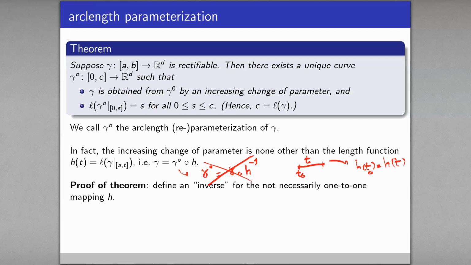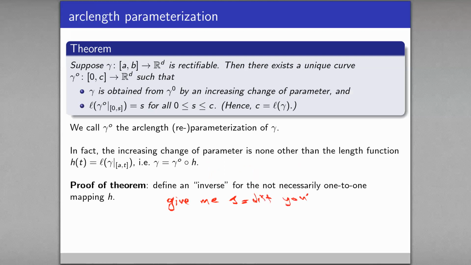However, we force an inverse on h. What we do is, give me s, which is the distance you've traveled. Then there may be more than one t such that h of t is equal to s.